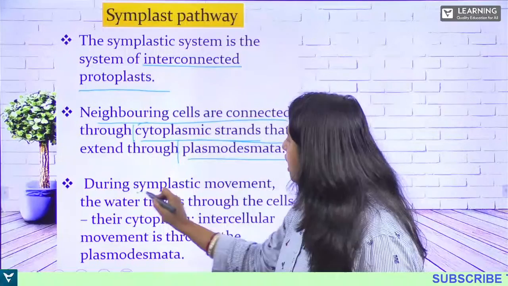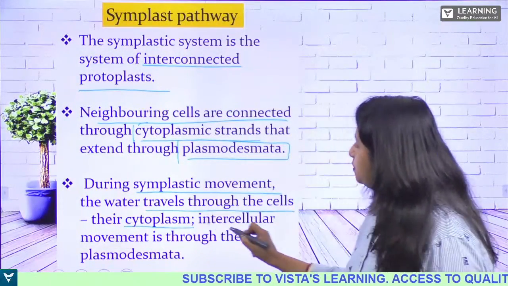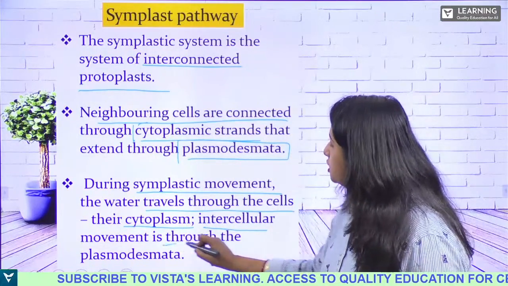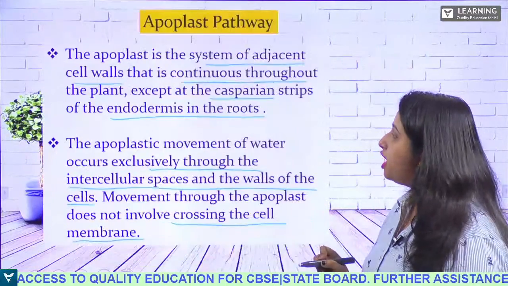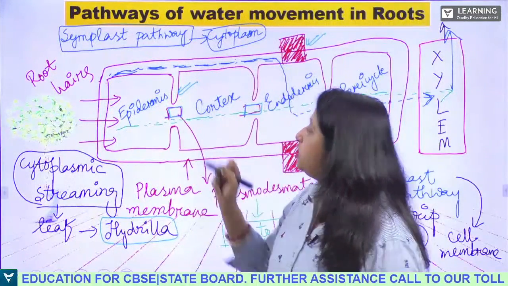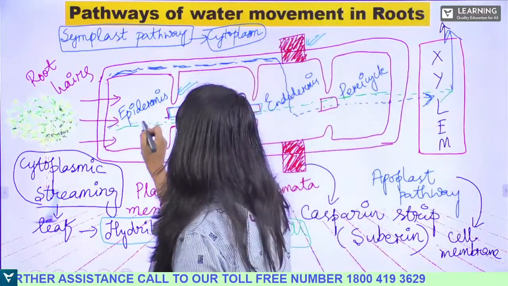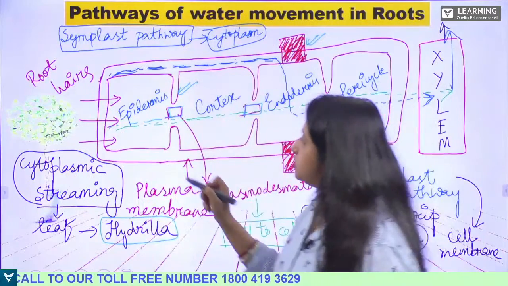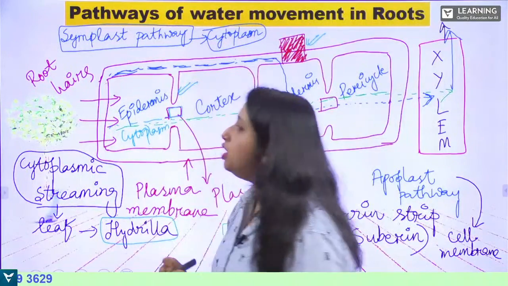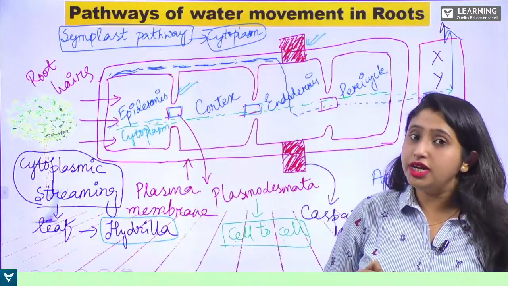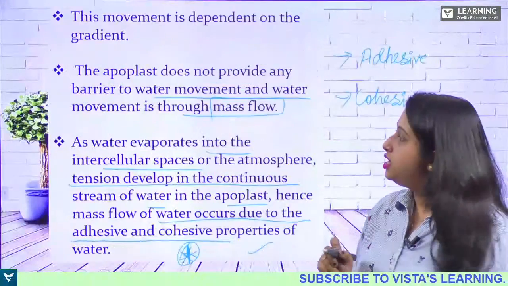During symplastic movement, the water travels through the cell, the cytoplasm. Intercellular movement is through the plasmodesmata. What does it mean? The water molecules are transported through the cytoplasm, and also through the plasmodesmata, that is, between the cells.